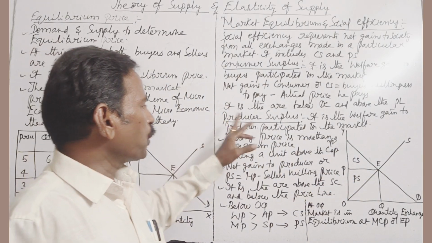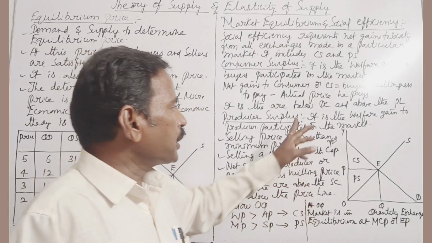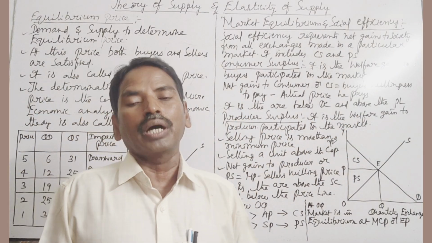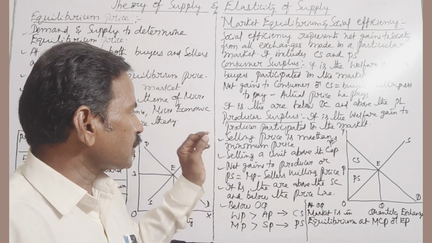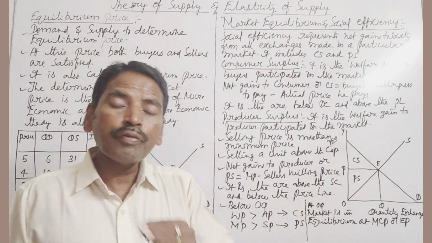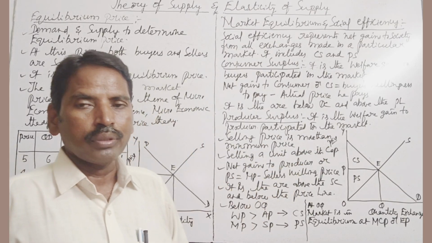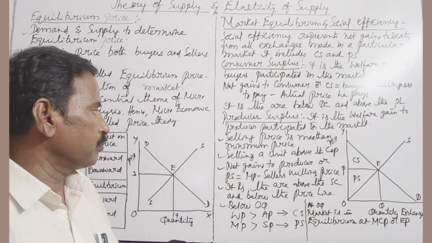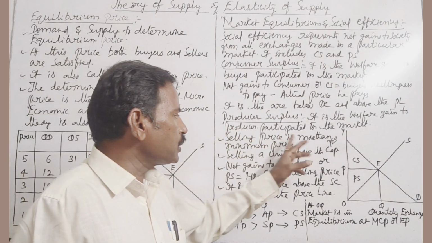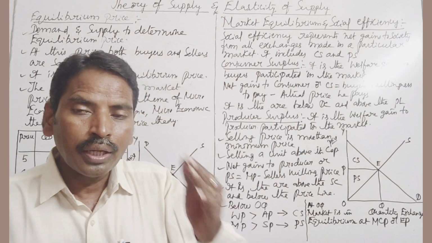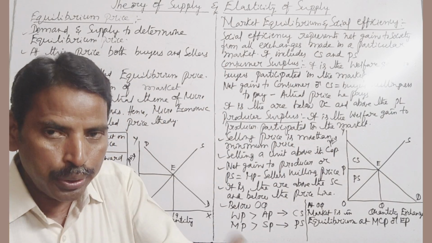Next, producer surplus. It is the welfare gain to the producer participating in the market. When the selling price is more than the minimum price, that is called producer surplus.